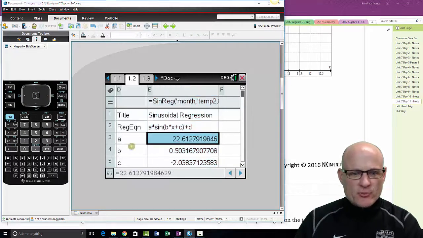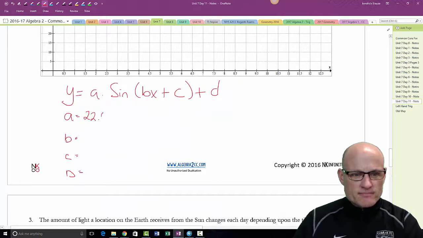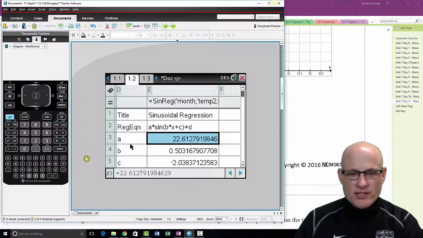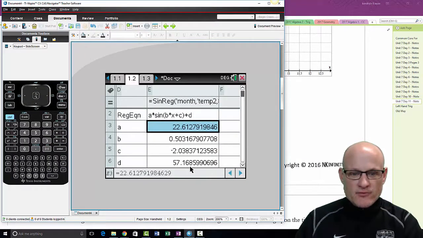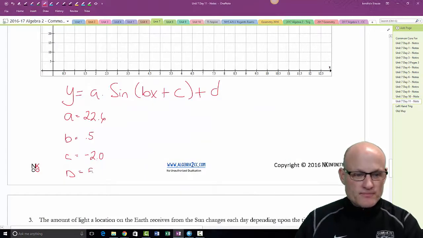A is 22.6. B is 0.5. C is negative 2.0. And D is 57.2. All right, there's my equation.